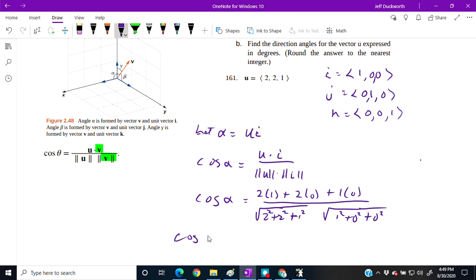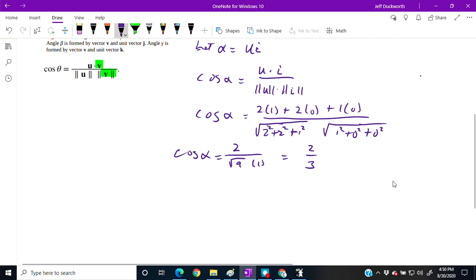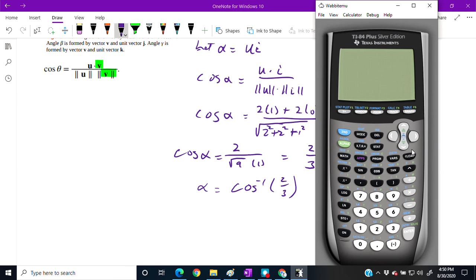So cosine of alpha will equal 2 over root 9, it looks like, times 1. So that equals 2/3. To solve for alpha, that's inverse cosine of 2/3. And they want it in degrees, so we'll grab our calculator.